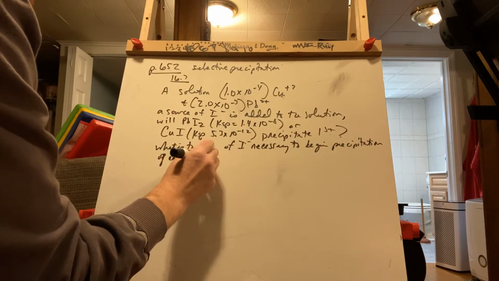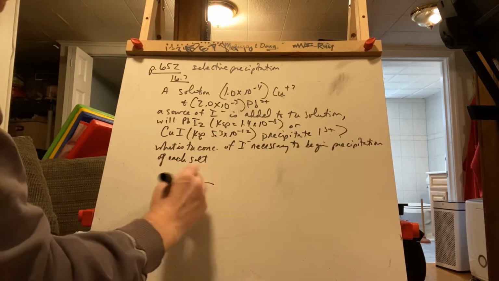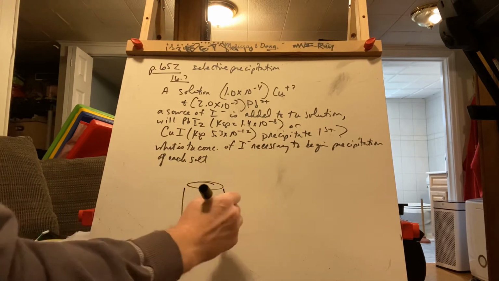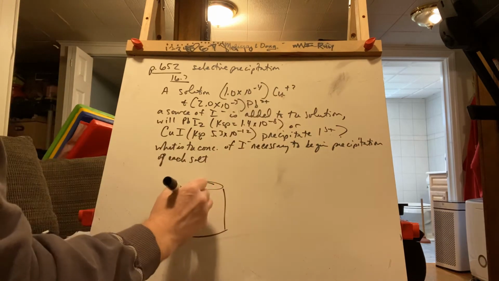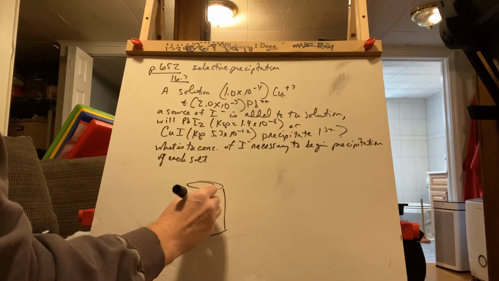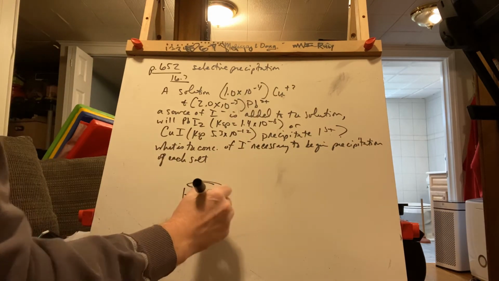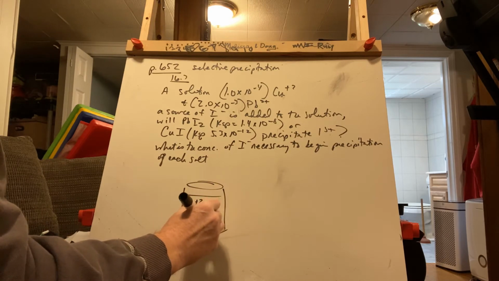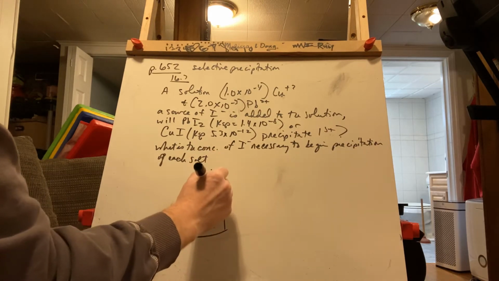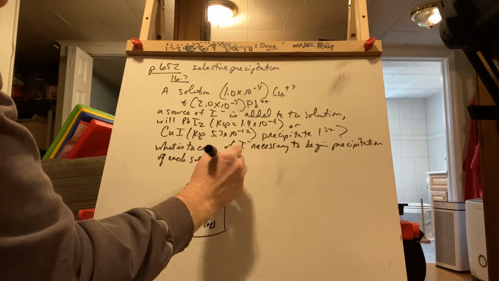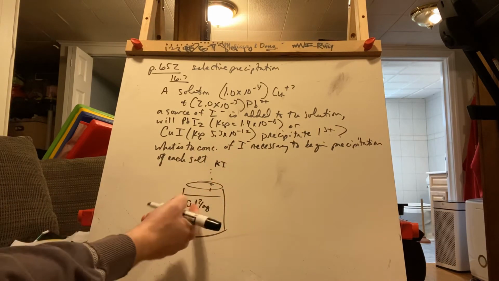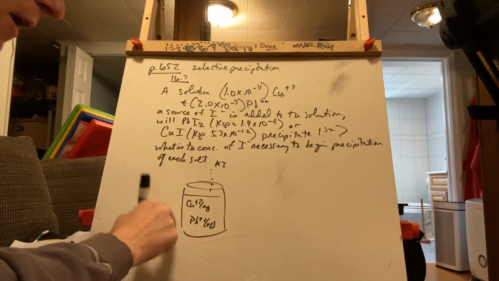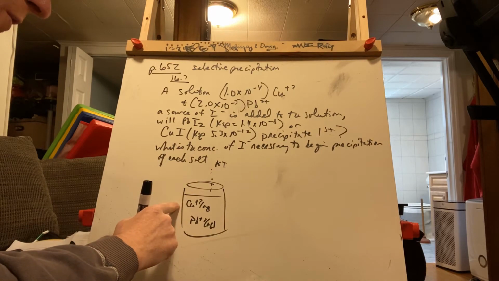So let me just diagram what this is going to look like. Here's your solution. You probably put copper and lead, these two ions floating around in the solution, and you're dropping in probably something like KI. And one of these two salts is going to fall to the bottom first.